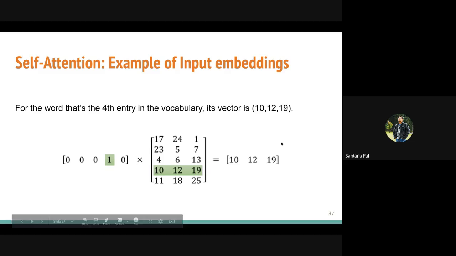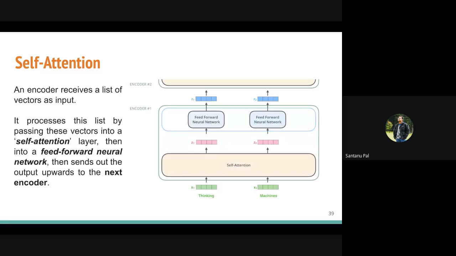In this case the size is 3, but in general we said it is 512, or maybe 1024, based on how you accommodate it in your computer or laptop. So now back to self-attention.